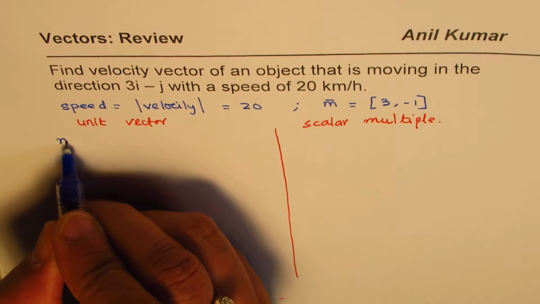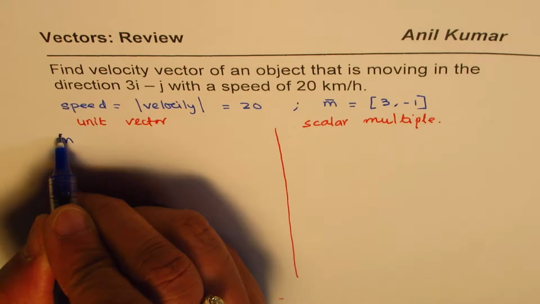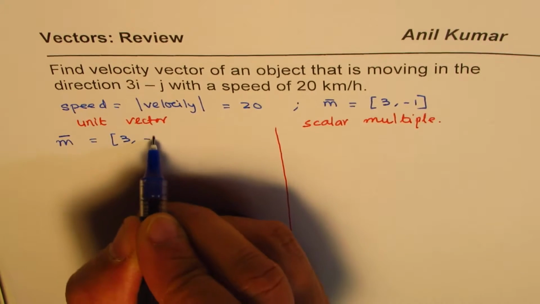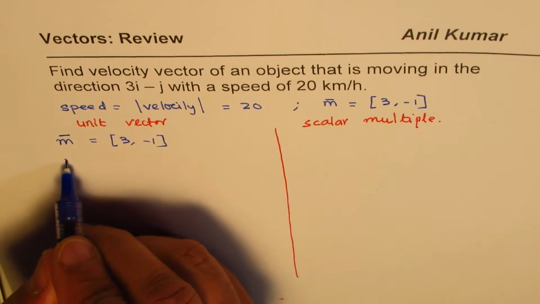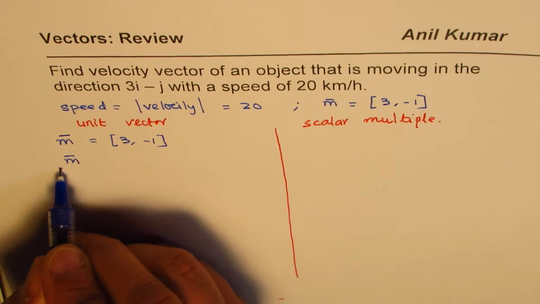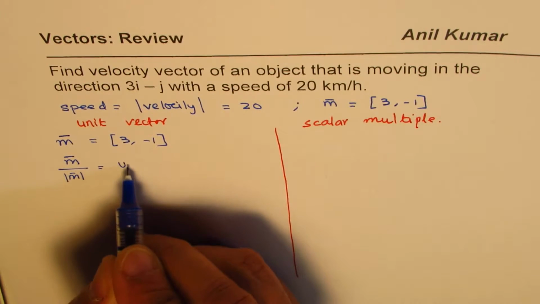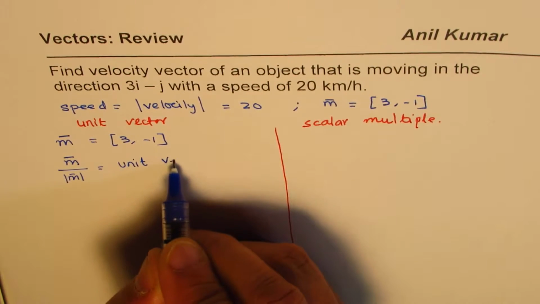So I'll write the unit vector of m. m is given to us as (3, -1). If I divide the vector by its magnitude, what I get is a unit vector. That is the concept.